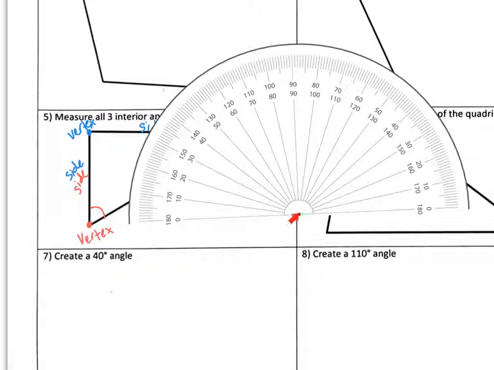So if the side is pointing to this right here, and the first side started here at 0, then that would be 70 degrees because we're going to use the inside numbers. If the first side started over here at this 0, then we'll go around and it'll be 110 degrees. Okay, so it's hard for me to explain in this video. Again, come in and see me if you want to know more about measuring angles.